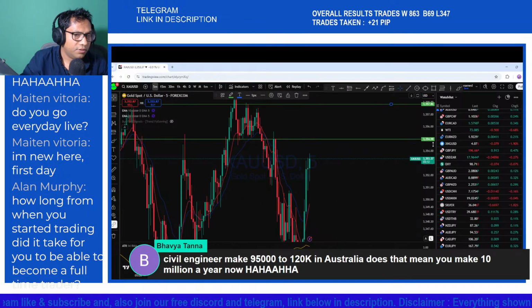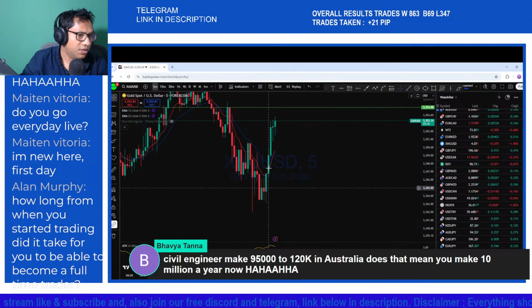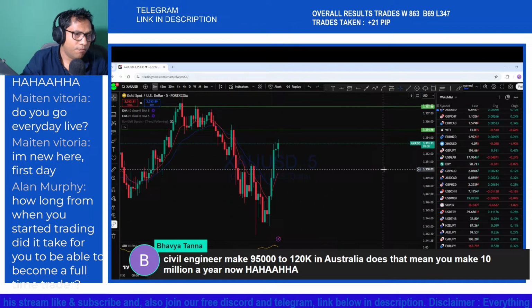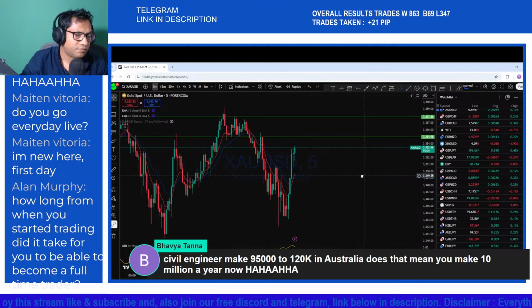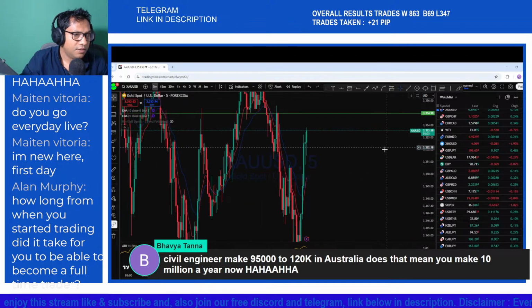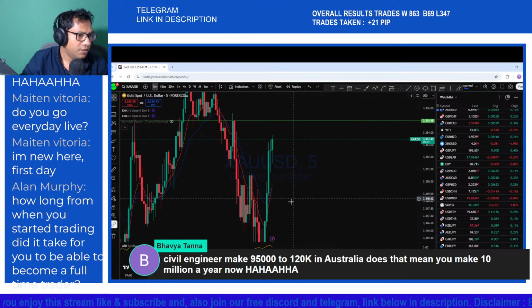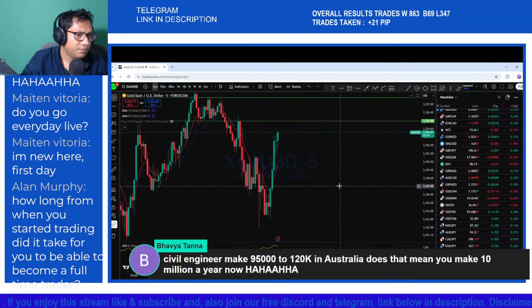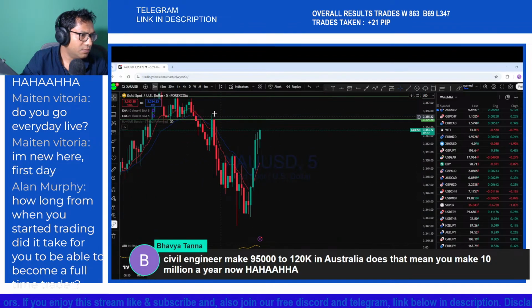Now here is the move that you can see, a pretty sharp move back to the upside. Now you can see from this level, that's a move.